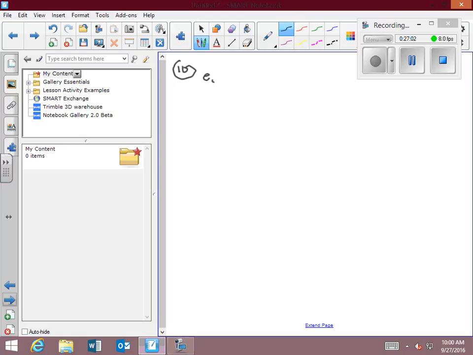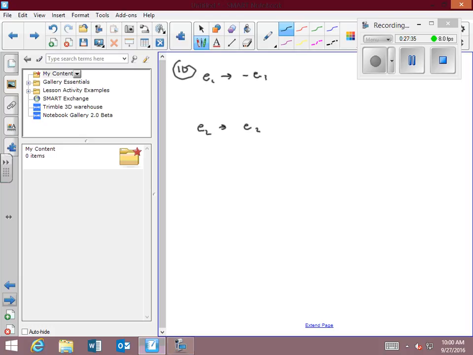E1 on that translation goes to a negative E1, and then E2 goes to E2. And then it says it rotates points pi over 2 radians.